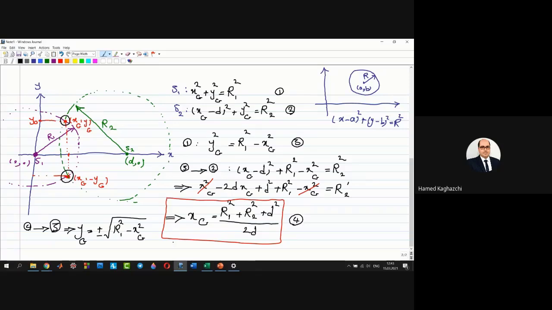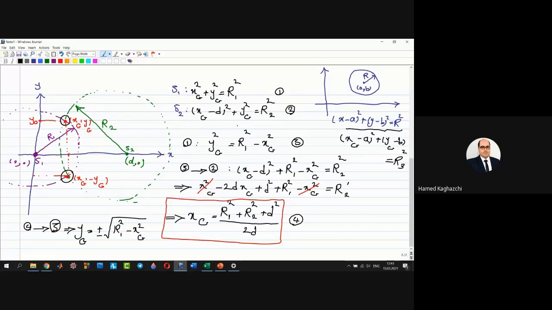Now, again, writing the circle equation for the third satellite, you need to write (xg minus a) squared plus (yg minus b) squared is equal to r3 squared.